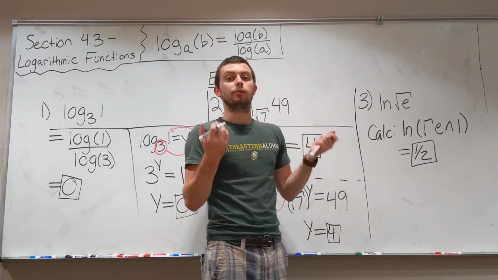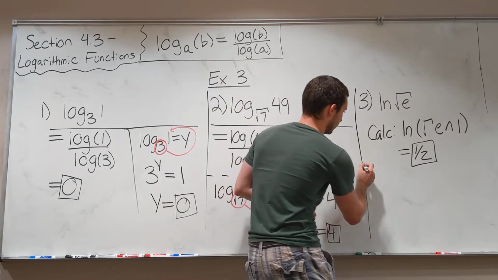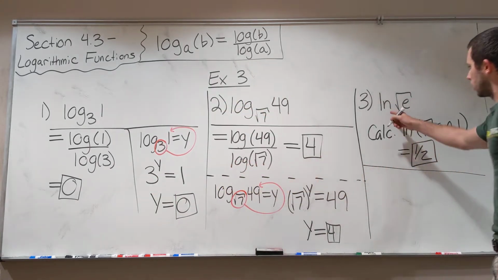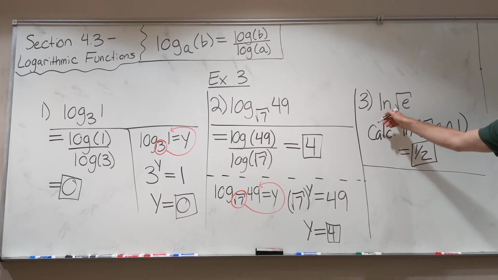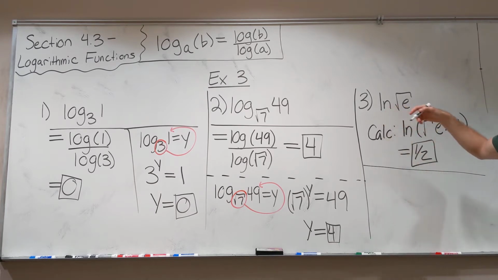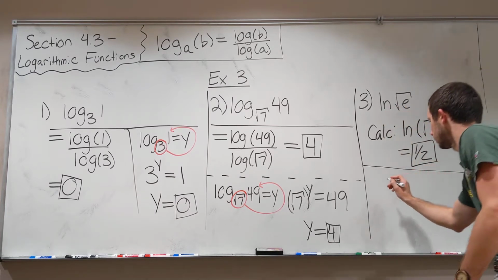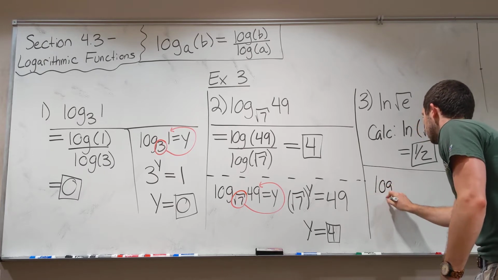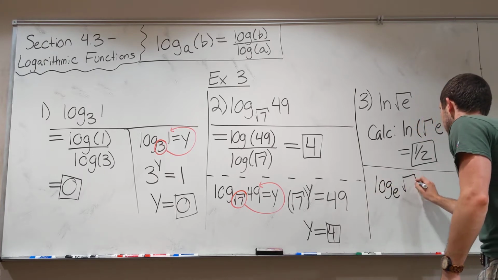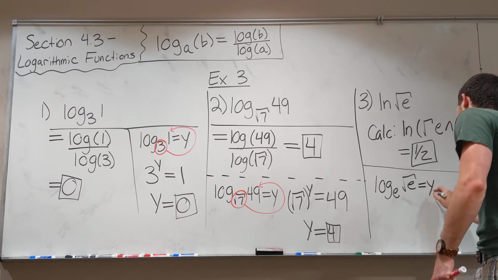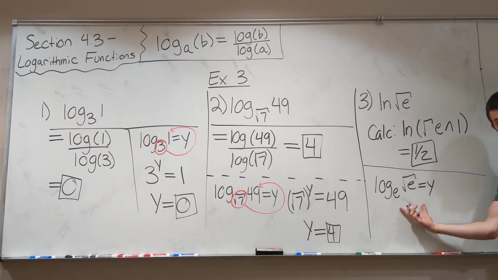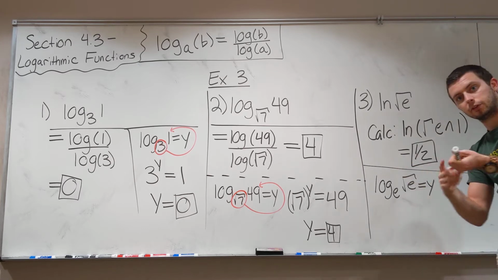Now, the way of not doing that in the calculator, here we would have to rewrite natural log as log base e. Just like this. And from here, we would have to use that loop method, the windmill method.